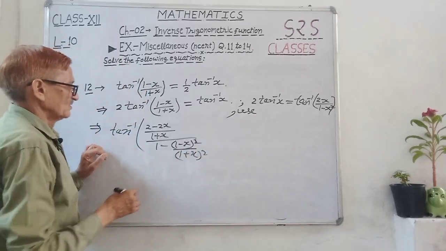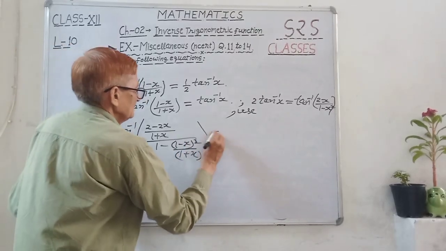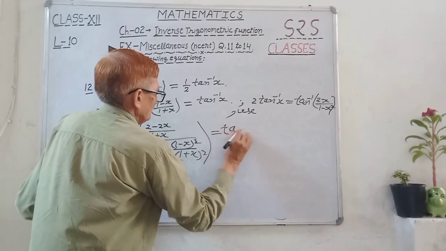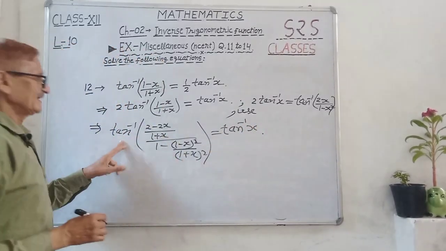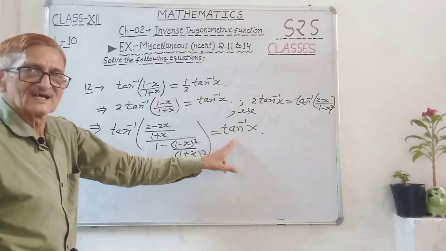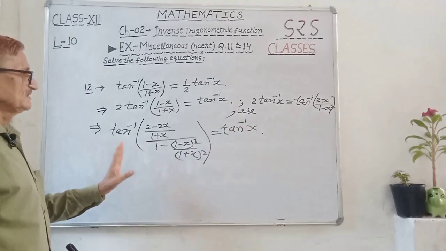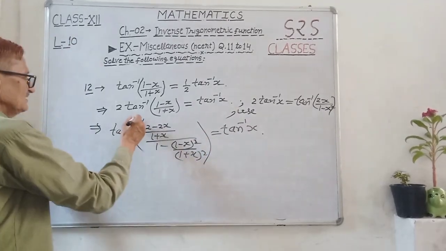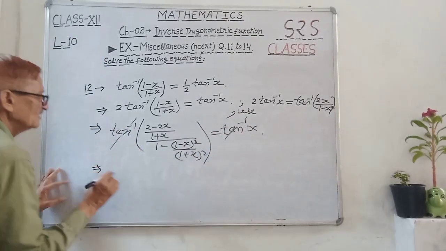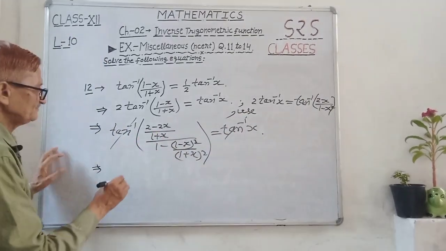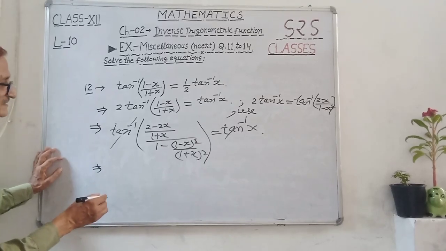By the formula this is equal to tan inverse x. Then tan inverse equation is there, tan inverse something equals tan inverse something, so tan inverse cancels out, then something is equal to something. Then simplify. Okay, what is this?